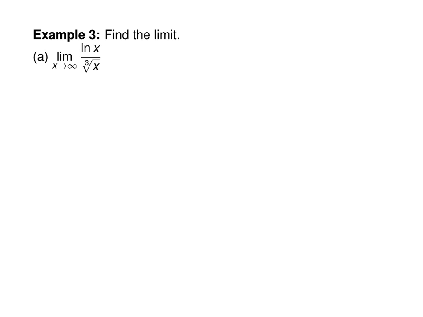Okay. So this one, what happens as x goes to infinity to ln of x and x cubed? Where do they both go? They both go to infinity. They go there really slowly, but they do actually go to infinity. So this is an infinity over infinity limit. And this rule also works for these functions.